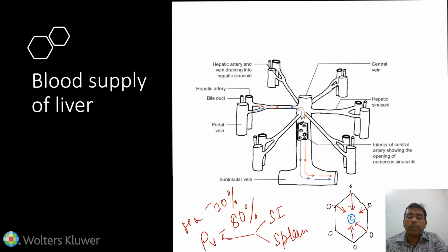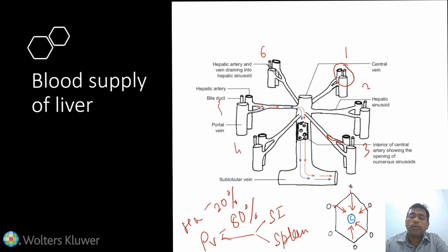This represents the blood flow in a classical lobule. So there are these 6 angles, the portal triad at 6 angles, and each having a portal vein, hepatic artery, and the blood from the artery will enter the hepatic sinusoids.